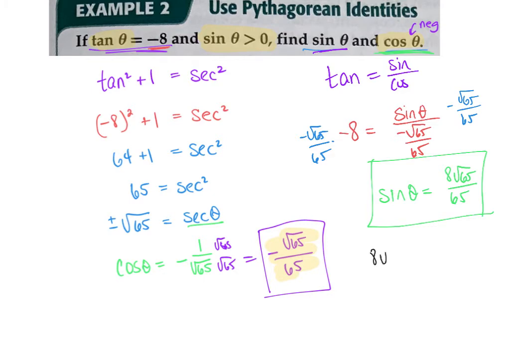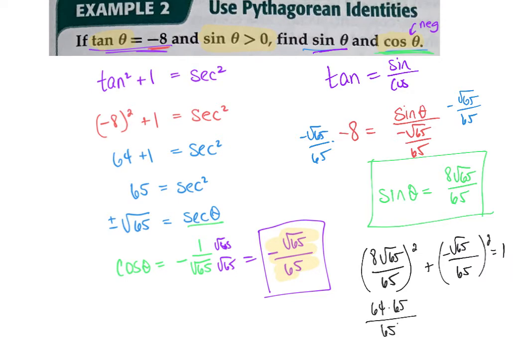Sine squared plus cosine squared equals 1. And so I would have 64 times 65 over 65 squared plus a negative 65 over 65, right, squared.